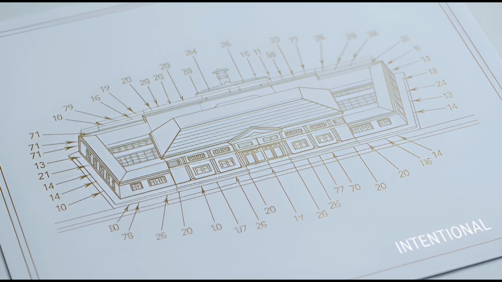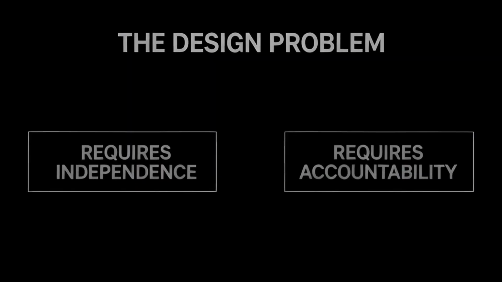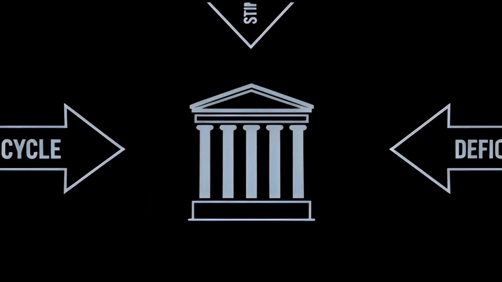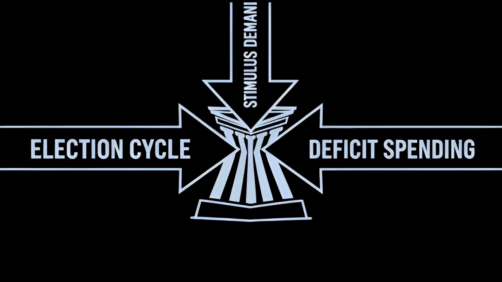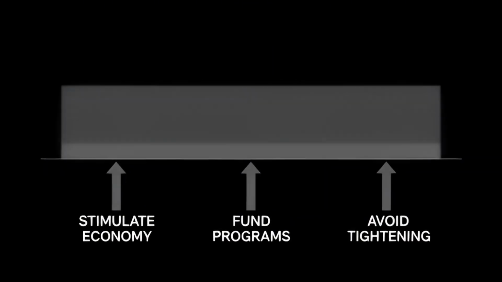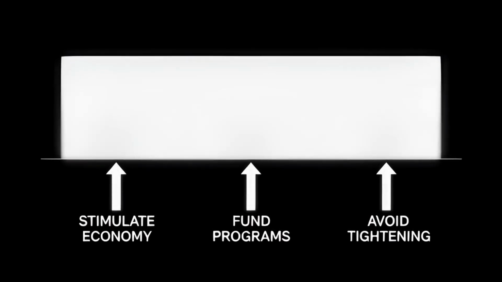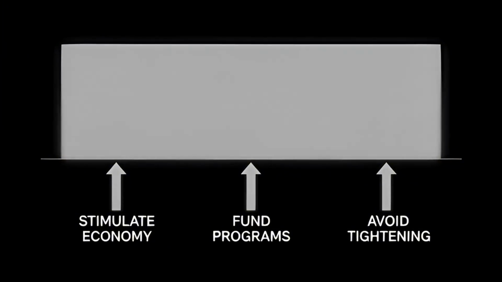From the system's perspective, this hybrid structure was not an accident. It was an answer to a specific design problem. A central bank that is fully controlled by the government is subject to political pressure. Elected officials face incentives to expand the money supply, to stimulate economic activity, to fund government programs, to avoid the short-term pain of monetary tightening.